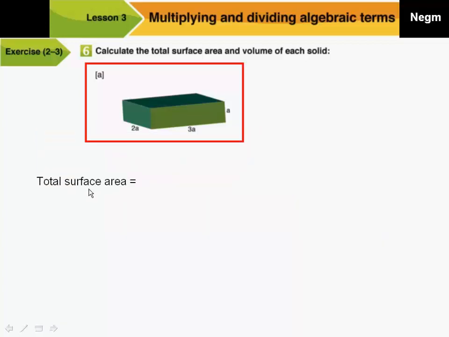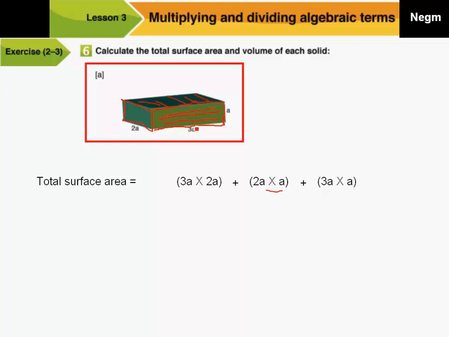The total surface area will be for the first rectangle, which is, for example, this rectangle. Its length is 3a and its width is 2a. The area of this rectangle will be 3a times 2a, plus this one is 2a times a. Its area is 2a times a. Also, we have another rectangle here, this one, which has a length of 3a and width a.